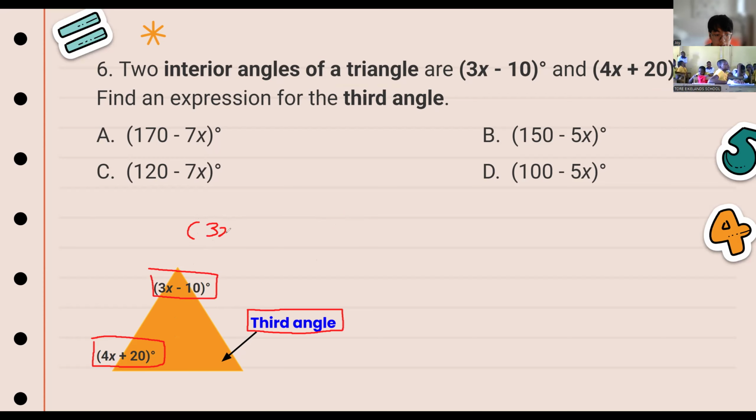So 3x minus 10 is the first angle, plus the second angle, 4x plus 20, plus the third angle, equals 180. Right? So we can find the third angle by subtracting the first angle and the second angle from 180.